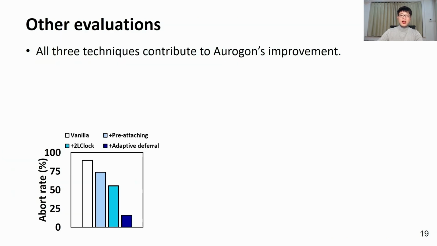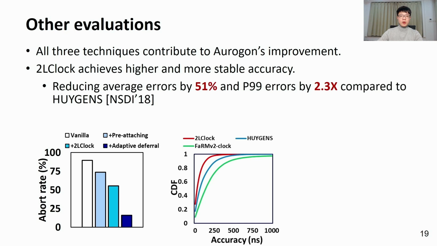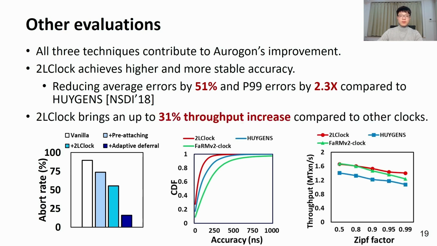Then we list some other evaluations. A zooming evaluation shows that all three techniques reduce the abort rate significantly. We also compare 2L clock with other clock synchronization methods. 2L clock reduces the average synchronization errors by 51% and P99 errors by 2.3 times compared to an existing solution, Huygens.